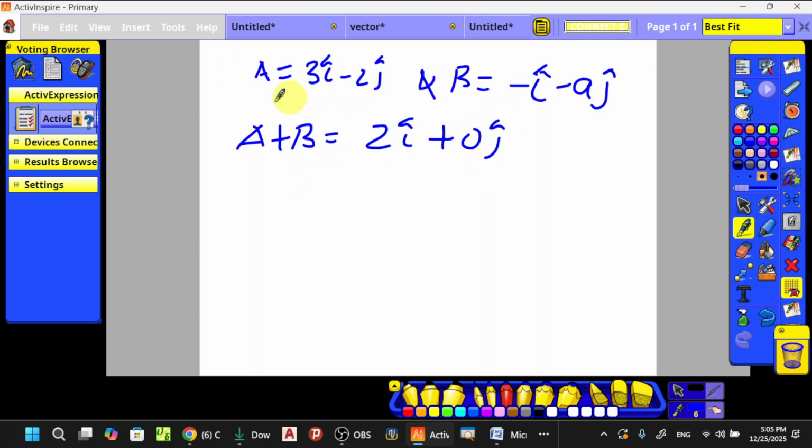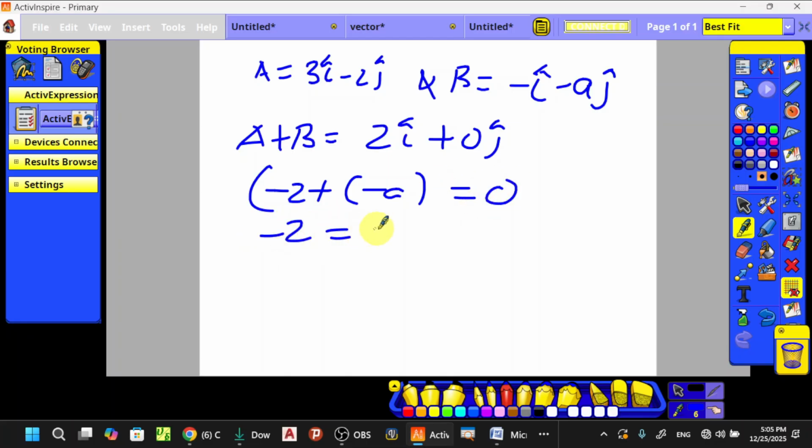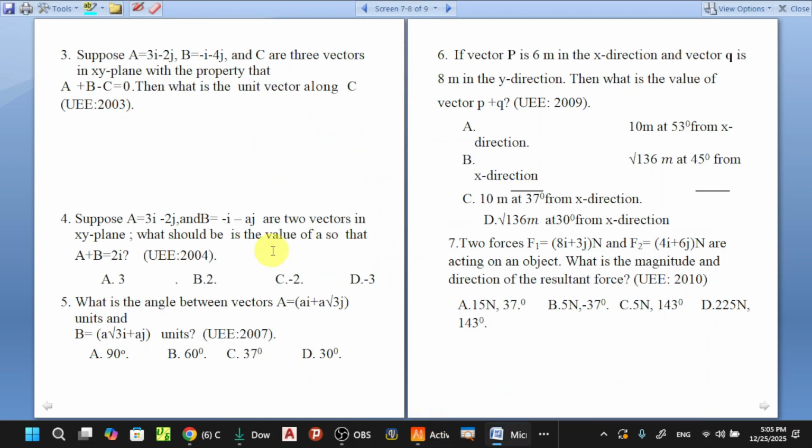Then let's add both of these. That means the j component should be 0 because we don't have a j component. So that means minus 2 plus minus a, that's the j component only, is equal to 0. That is minus 2 is equal to a. That's the answer. It should be minus 2. Let's go ahead and check which is the answer. Yeah, the answer is C. That's much easier.